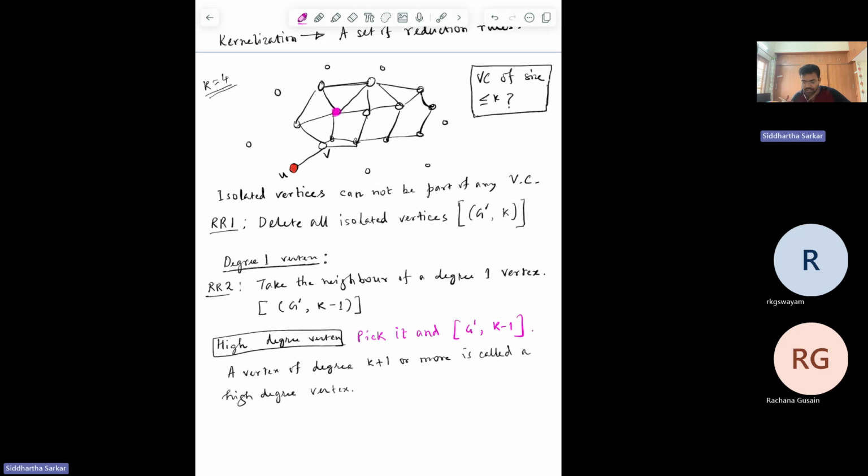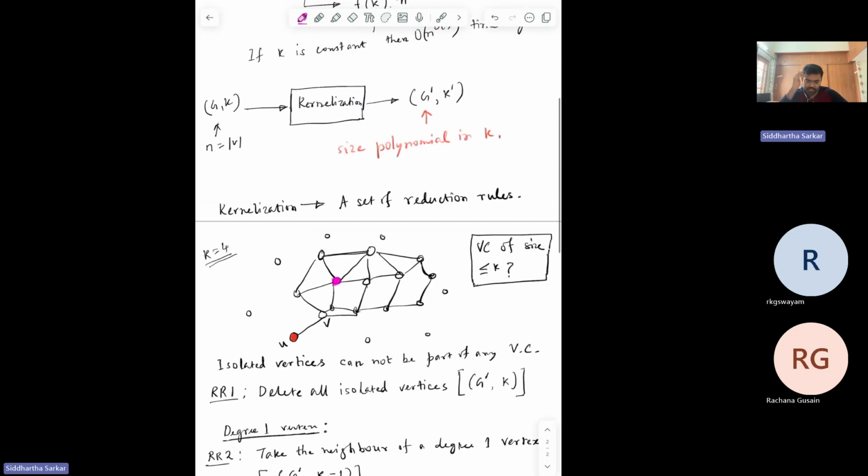After doing all these steps, we will be left with a final reduced graph, which is G dash, let us say. Then we have to argue, as we had seen in kernelization, that the size of this graph is polynomial in k.